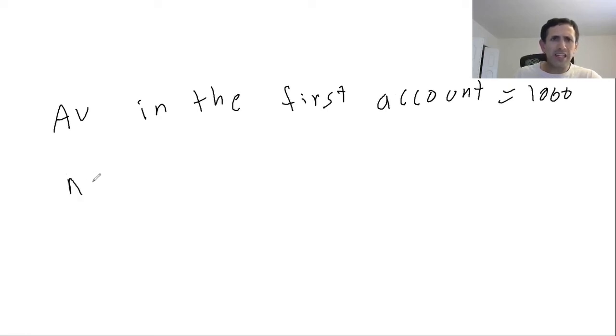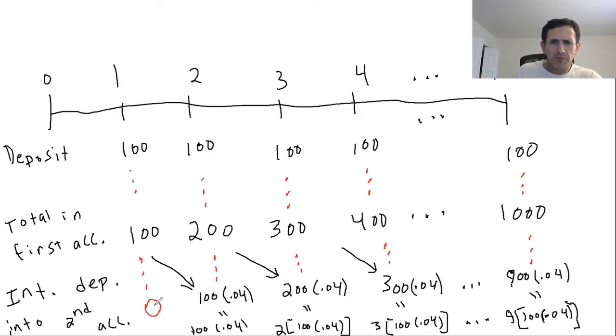Like I said, it's a 9-year annuity. It's not a 10-year annuity. It's 9 years because it really starts. Maybe I should put the zero. Kind of silly to put equals 0, but it's really 0 here.